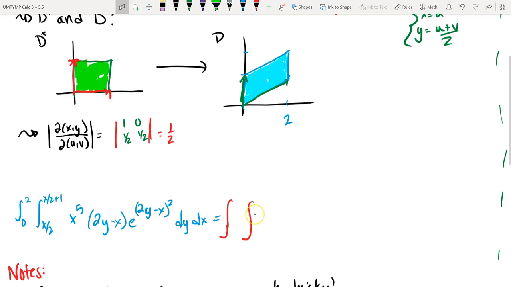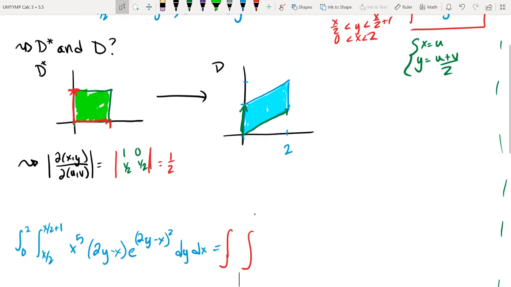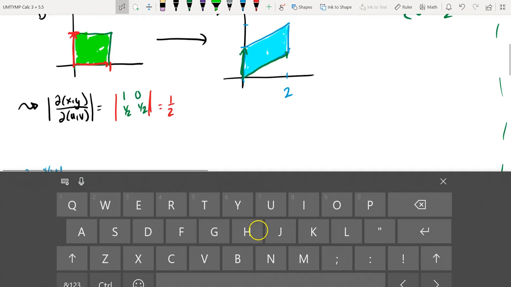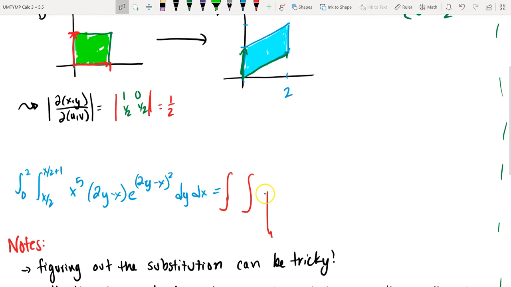Okay, so x to the 5th, we know x we said was u, so this is going to be u to the 5th, and then we're saying that 2y minus x is the same as v. Okay, and then so this will be e to the v squared, and then now we're going to have 1/2 du dv.